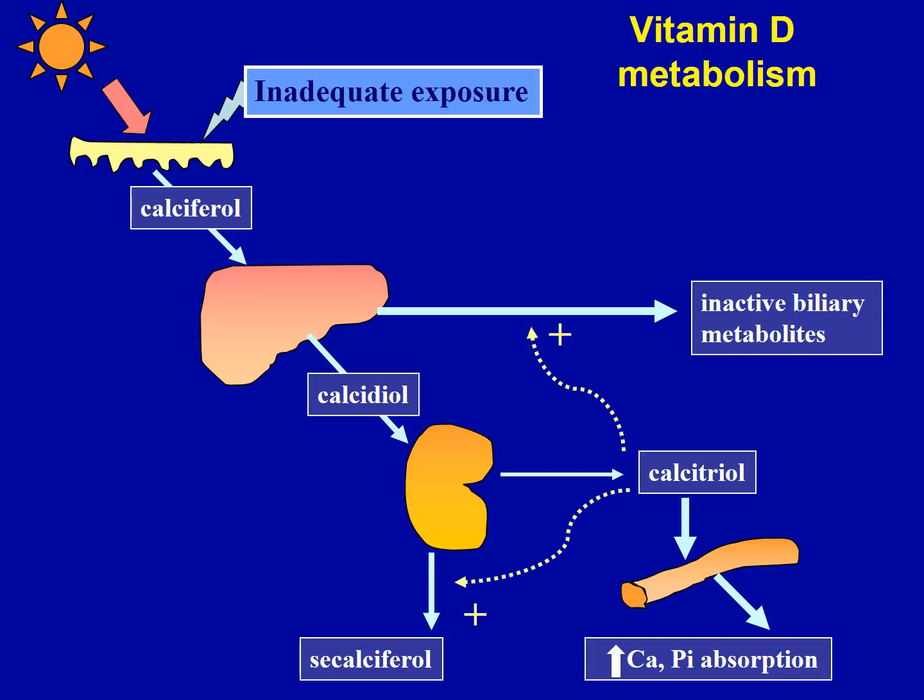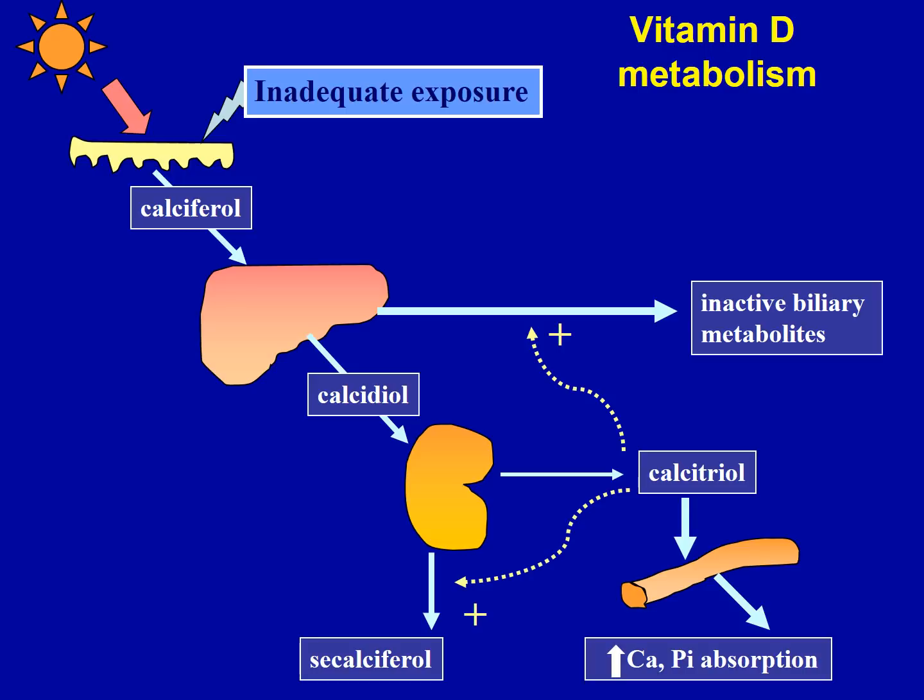So it's just a recap, really: the most common cause of vitamin D deficiency is sunlight deficiency, and we talked in the earlier lecture about the at-risk groups for sunlight deficiency, if you like, being housebound or institutionalized elderly.